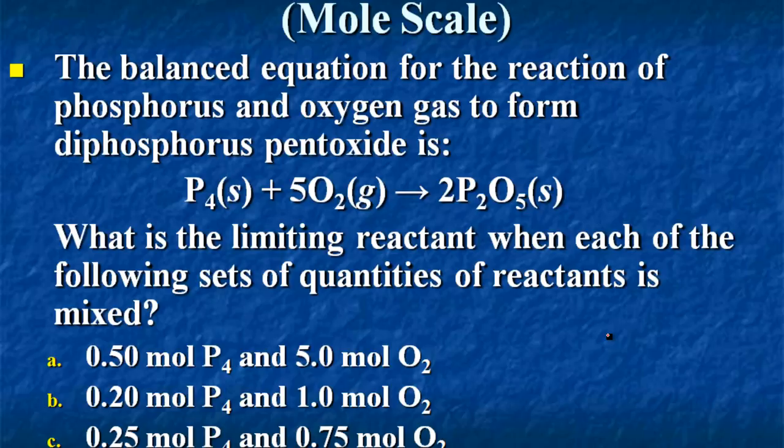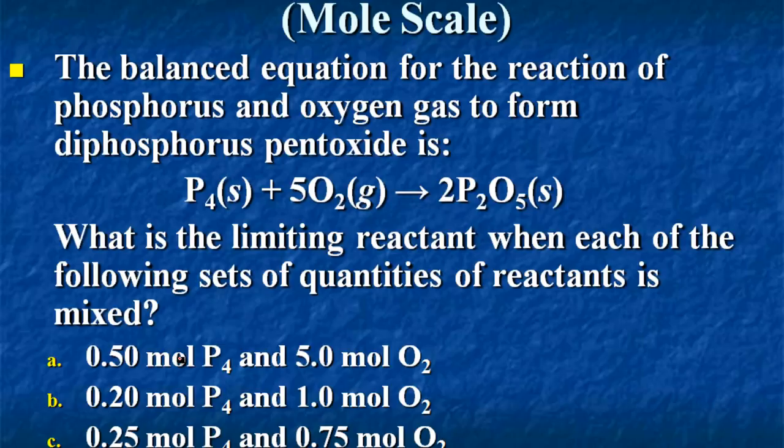How do we decide which one is the limiting reactant? So the balanced equation says 1 mole of P4 needs 5 moles of O2. So in a typical question like this, you just pick up the first quantity which is given. Okay?